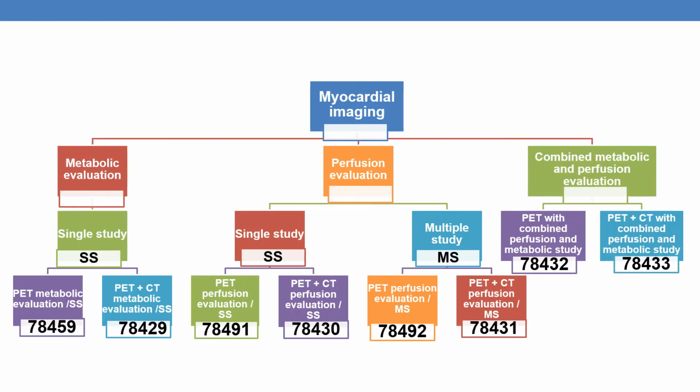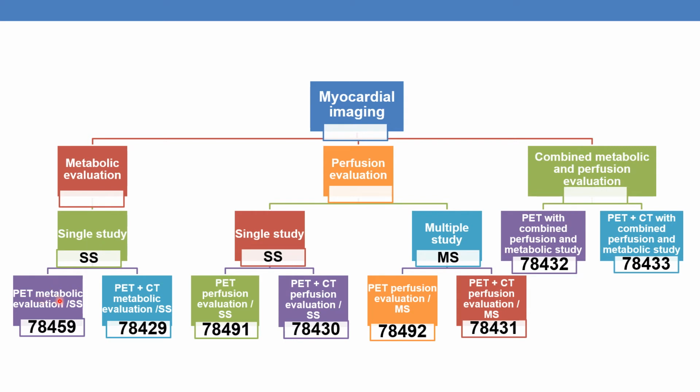So for better understanding, let us focus only on myocardial imaging. Myocardial imaging is broadly categorized based on the type of evaluation as metabolic evaluation, perfusion evaluation, and combined metabolic and perfusion evaluation. Let us discuss some CPTs regarding it. The metabolic evaluation is again subcategorized into single study.